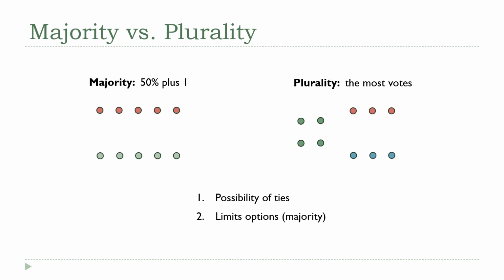Again, we see that here in the U.S. Third-party candidates very rarely even try, and at least in the last century, they've never won. And the reason for that is that 50% plus 1 threshold can be tough to get when there's more than 2 candidates in the race.